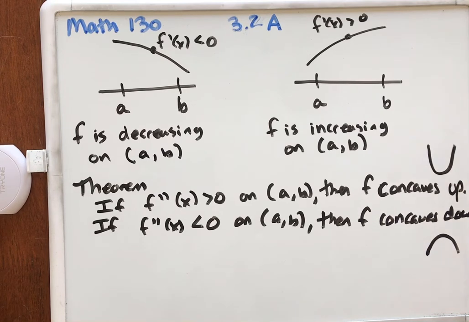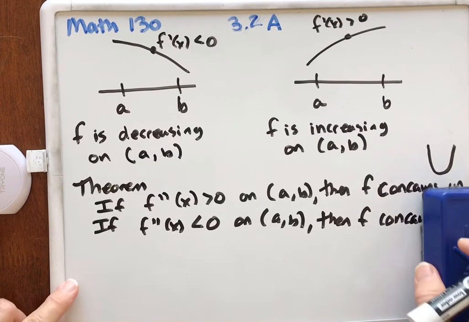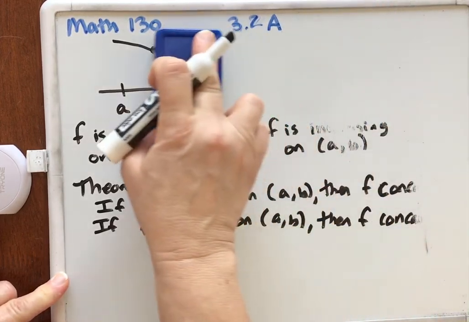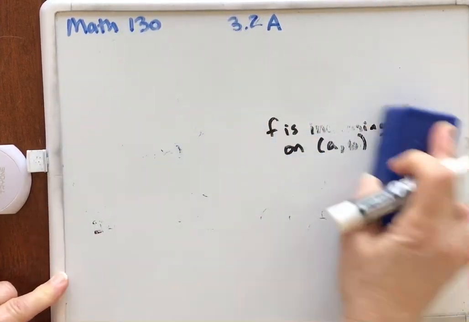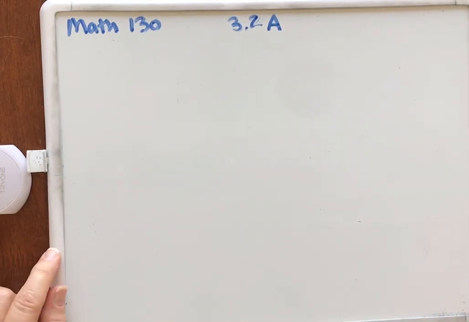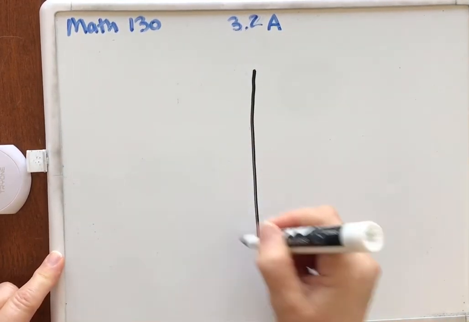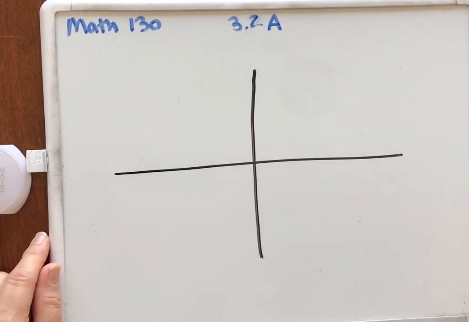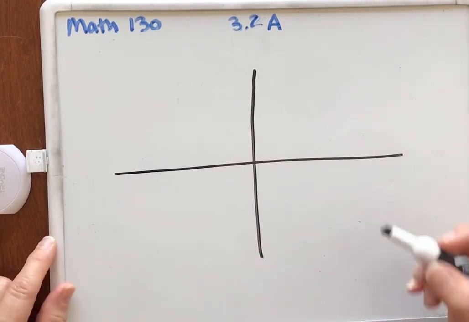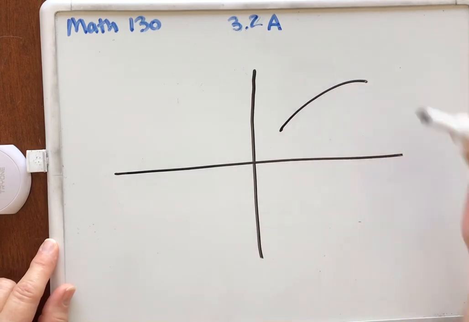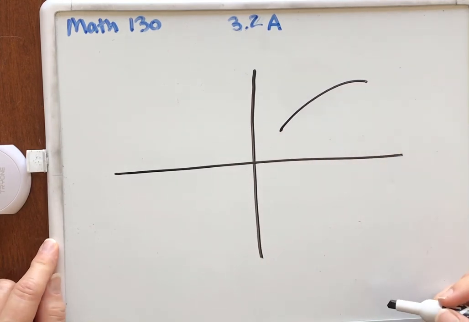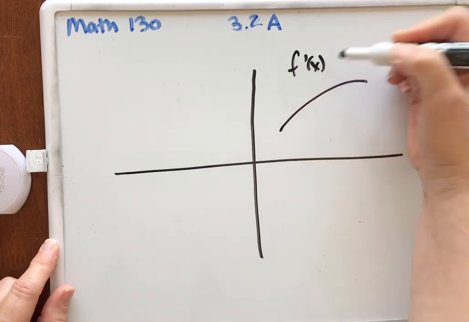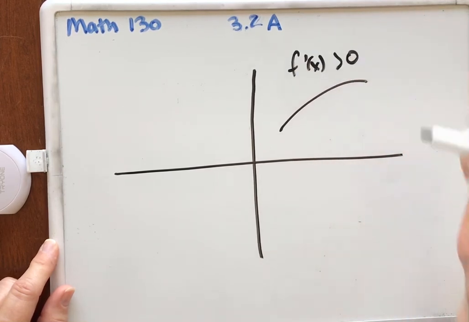Okay, we're going to draw now a picture that shows increasing, decreasing, and concavity both ways, up and down. Okay, so just draw this. We're going to make a little table here. All right, so let's draw this picture. We know f prime of x for some point here is going to be greater than 0.